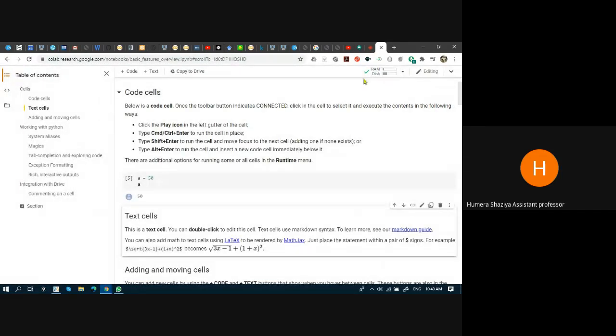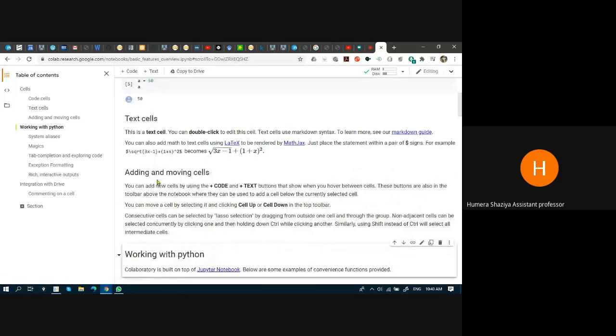Let me try once again with another program. This is a text cell, also known as a markdown cell, and adding and moving cells. You can add a new cell by using the options here. You will see plus code and plus text.